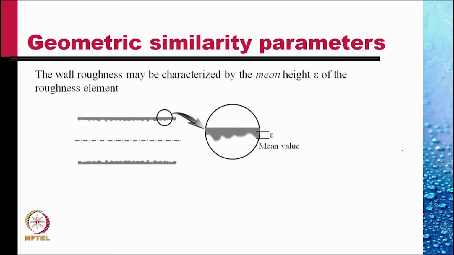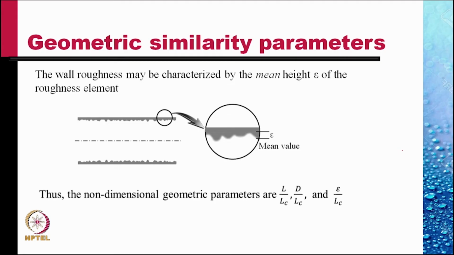The wall roughness may be characterized by the mean height epsilon of the roughness elements on the wall. And therefore, the non-dimensional geometric parameters are L by L_C, where L_C is the characteristic length and L is the length of the pipe. So L, D, and epsilon are the three geometric parameters. So we get three non-dimensional geometric parameters: L by L_C, D by L_C, and epsilon by L_C.